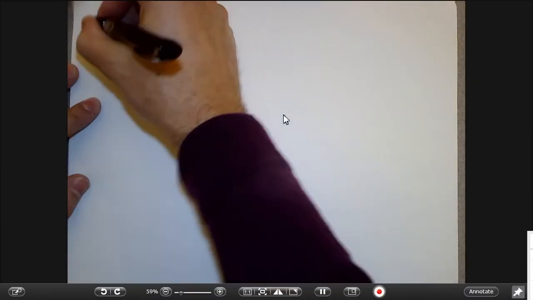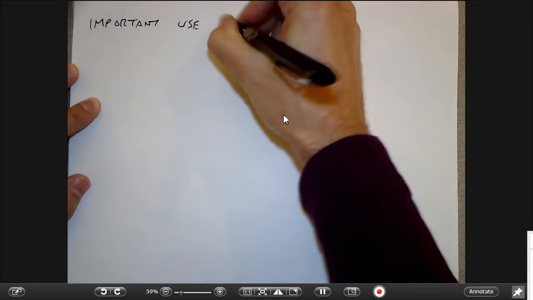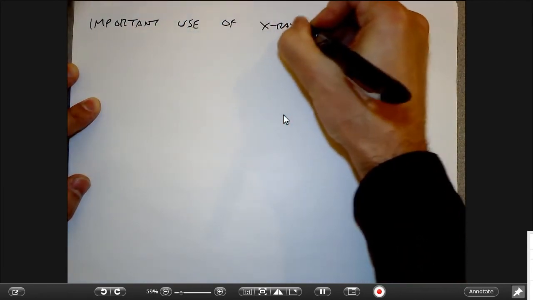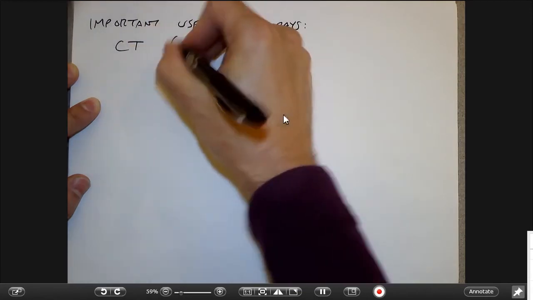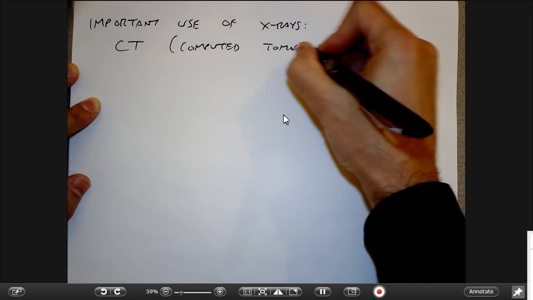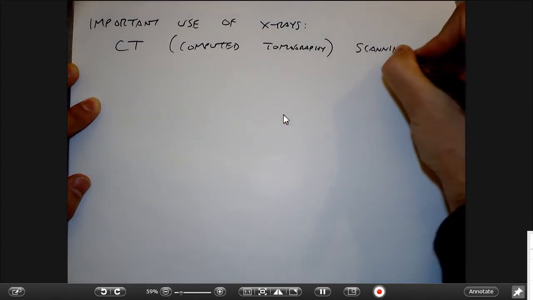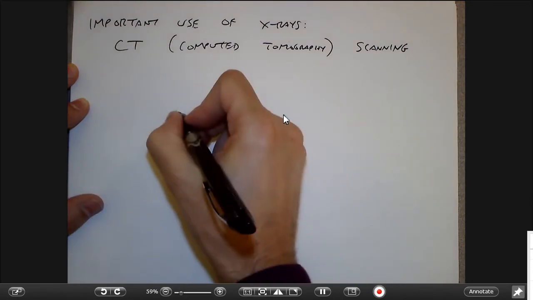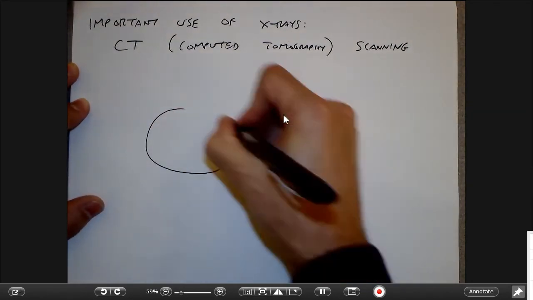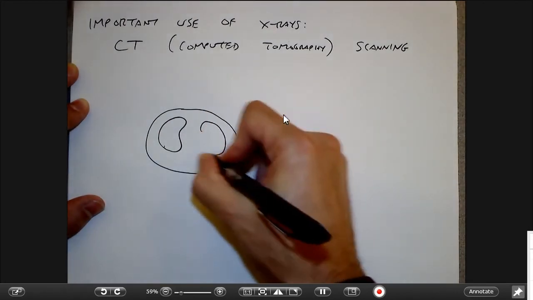So an important use of X-rays is CT, or computed tomography, scanning, also called CAT scans. And so the way that works is that, imagine that this is the cross-section of the patient, right? So maybe you've got their lungs and their heart.